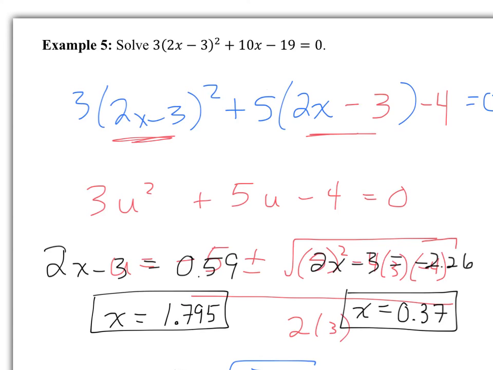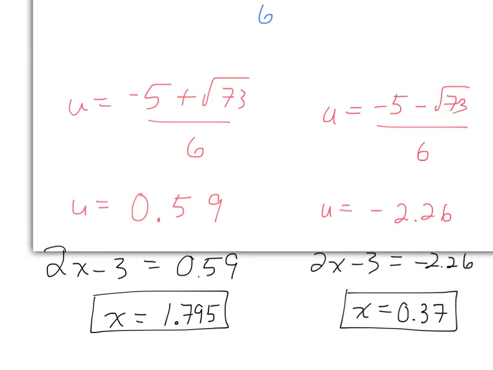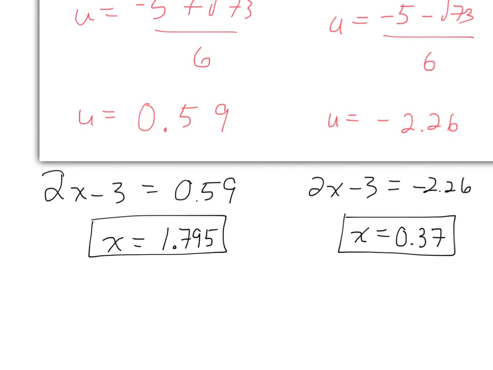In the end, for this one, you're not saving any time by doing it with this method. So you want to really recognize when it's applicable and when it's not to let u equal some term. So again, here, square the 2x minus 3, FOIL it out, distribute the 3 to everything, collect terms, and use the quadratic formula. You would get straight to the answers that we had here at the bottom. 1.795 and 0.37.